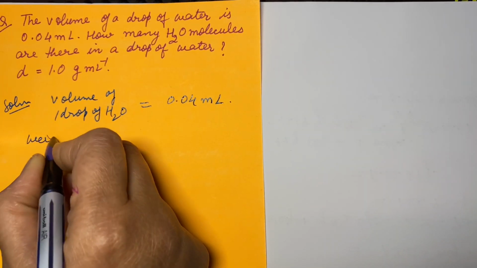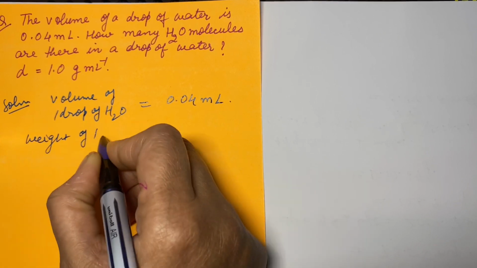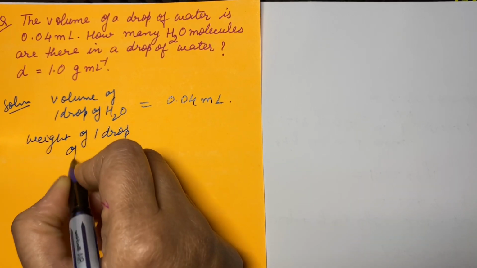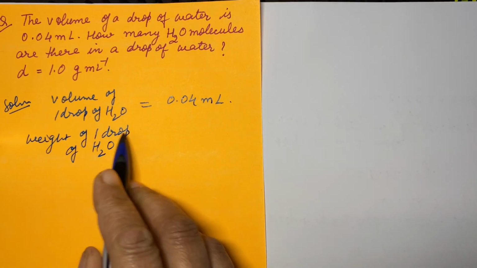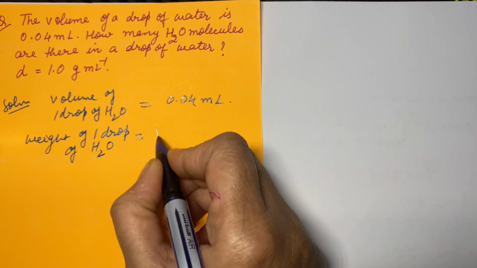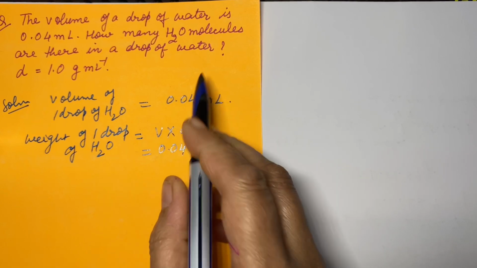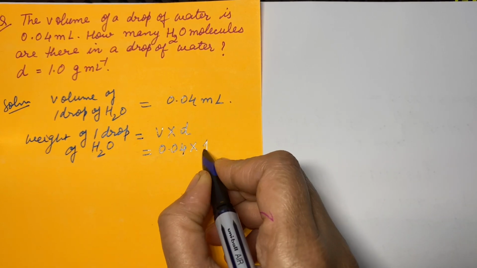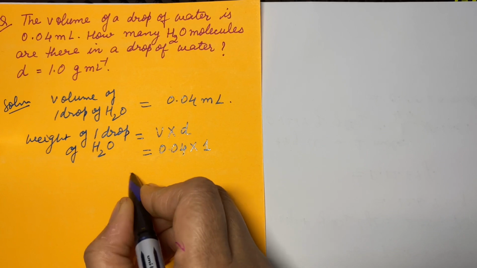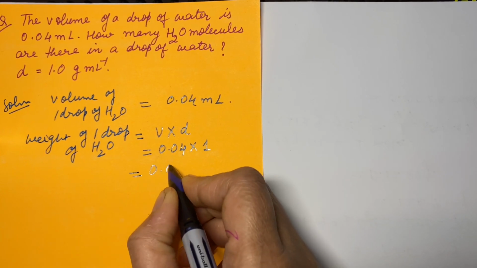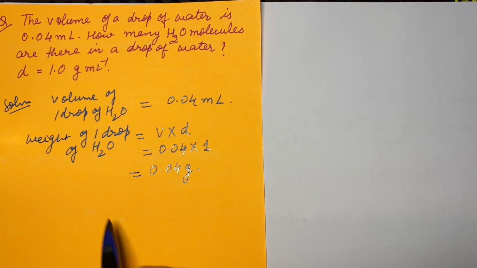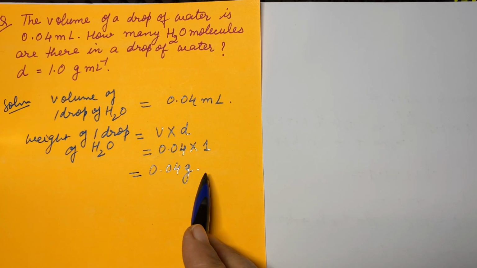So, what will be the weight of 1 drop of water? Volume into density. What is the volume? 0.04, which is given in the question. Density is 1 gram per ml. So the answer comes out to be 0.04 grams. So the weight of 1 drop of water is 0.04 grams.